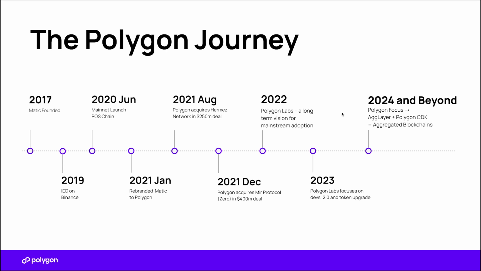That results in a very bad end-user experience that also needs to be solved. So the 2 big problems are scalability and fragmentation, and those are the 2 things that Polygon is heavily trying to solve.